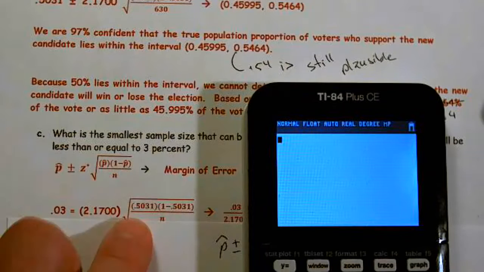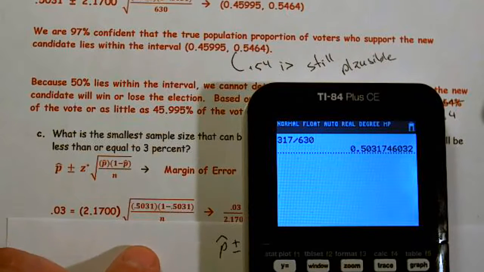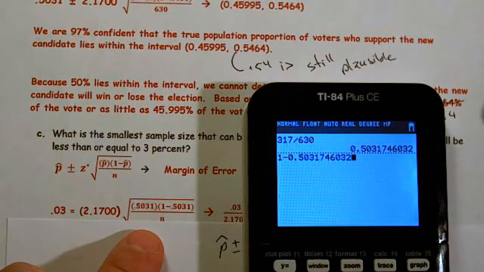And if you're curious about where that 0.5031 came from, that was my p hat value, which was 317 supporting, divided by the 630 surveyed. So 0.5031, all right. And then 1 minus that is the part that did not support him.